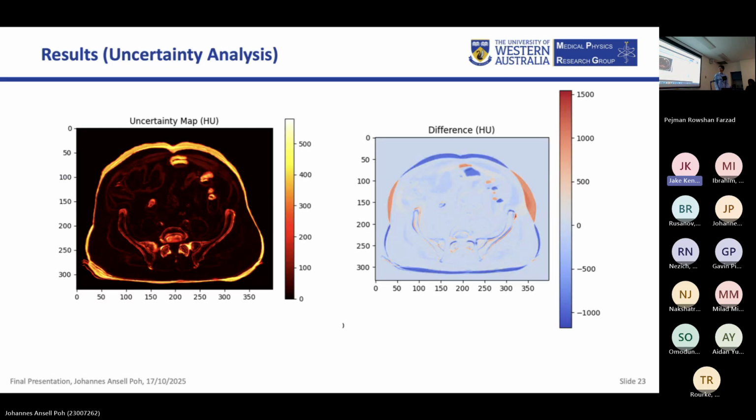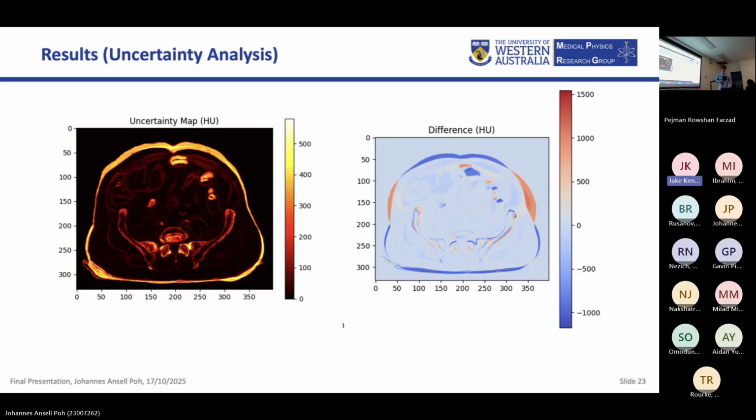I also did some uncertainty analysis on the images. Because I trained the model with 5-fold cross validation, I end up with 5 different models, and I can use an ensemble prediction method to predict the synthetic CT images.